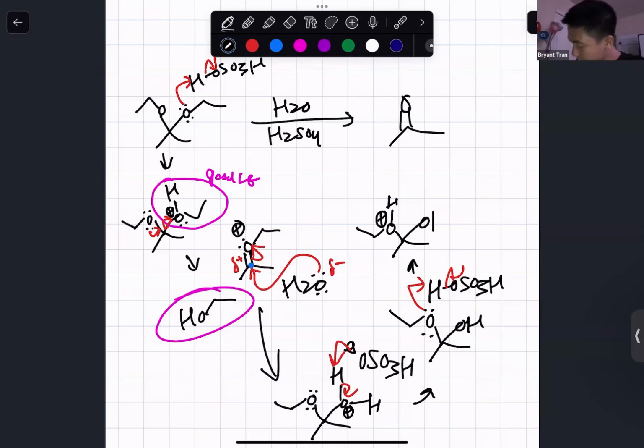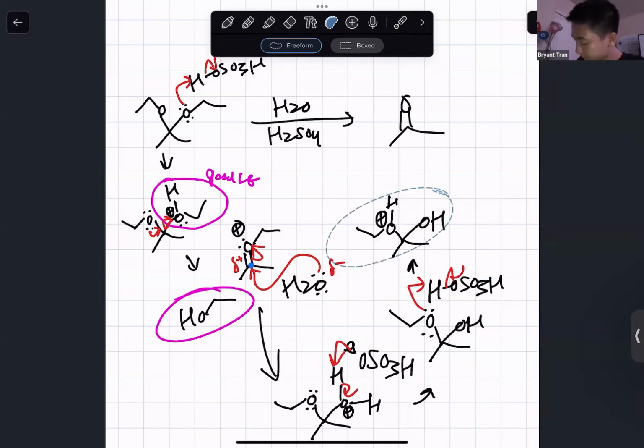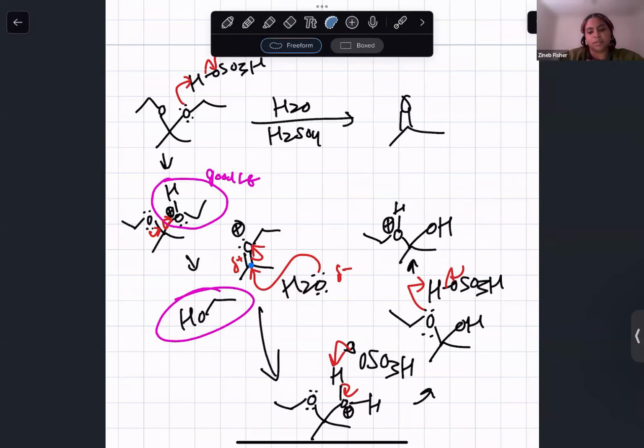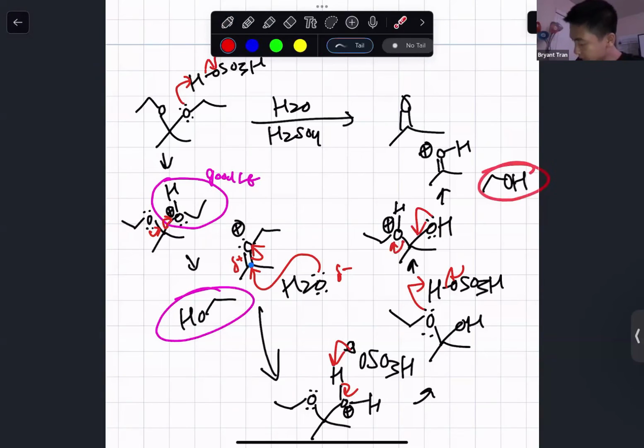Okay. Now once we have that good leaving group in place, what can we do to drive that off? Create another double bond from the other side, like this. Kick that out. We get this. This oxygen is right there, positive charge. The side product is this leaving group that left.